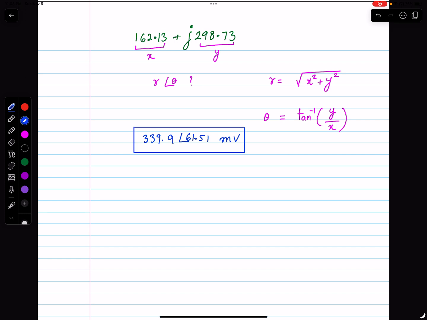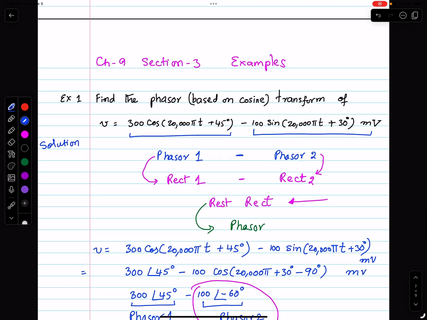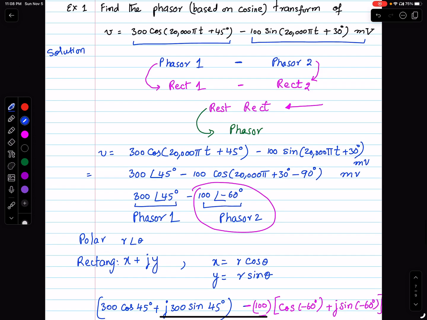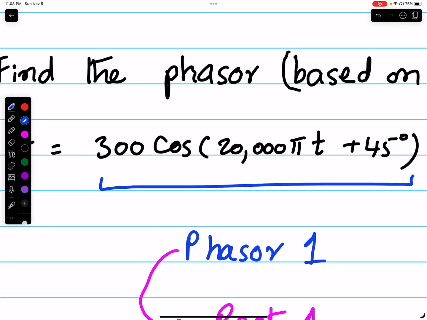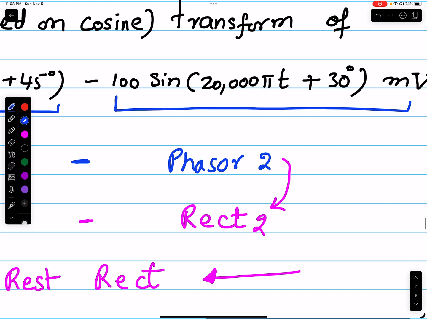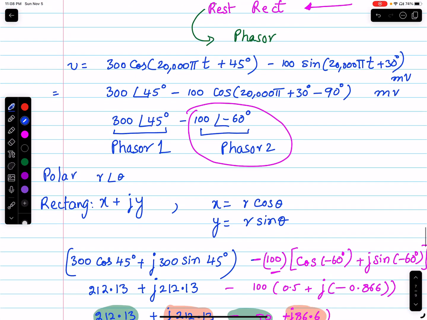And this is the phasor form we are after. The problem says find the phasor transform. Really, what we have done is convert the time-domain form into cosine and then transform it into phasor.